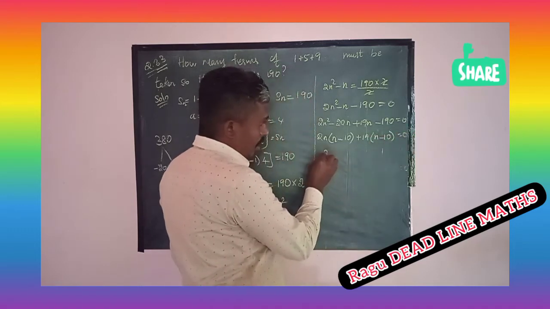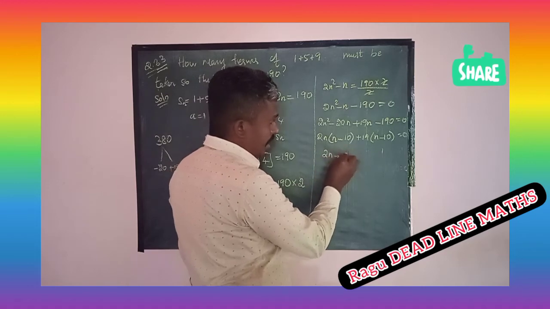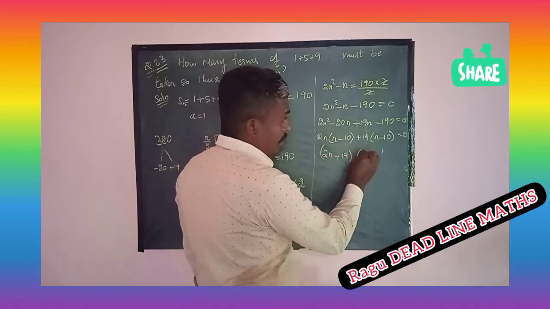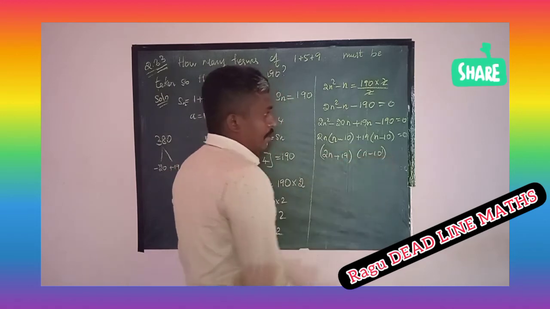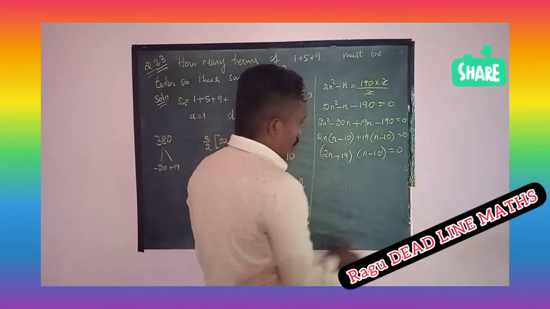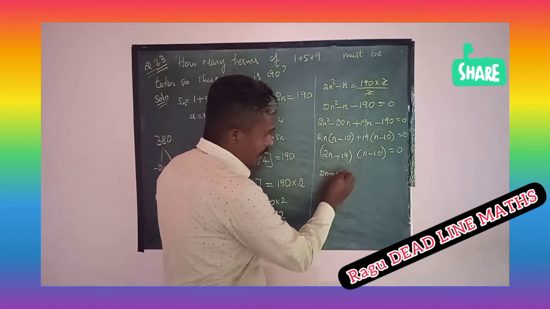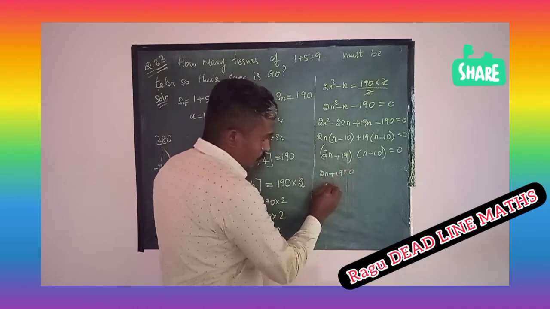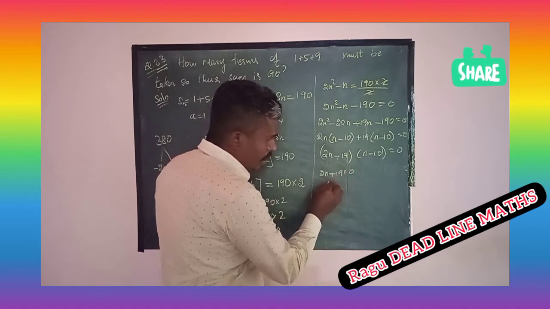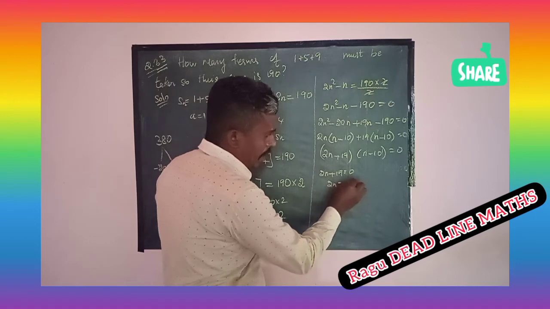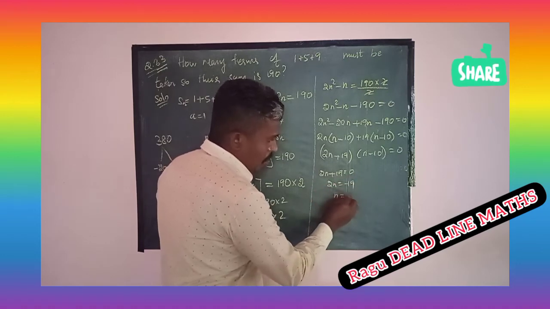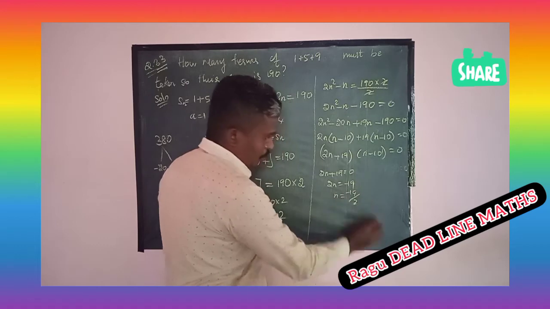So the factors are (2n + 19) and (n - 10). 2n plus 19 is equal to 0, so 2n is equal to minus 19, and n is equal to minus 19 by 2.